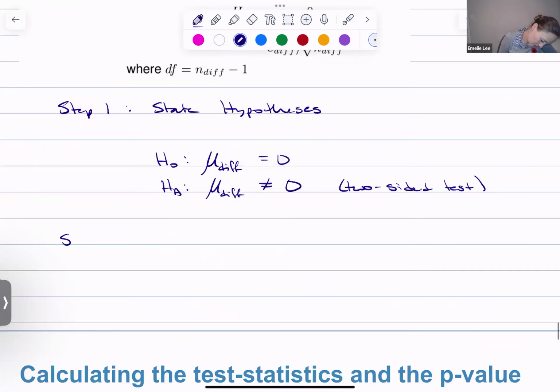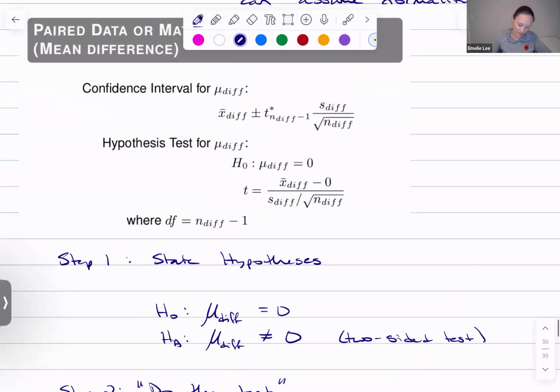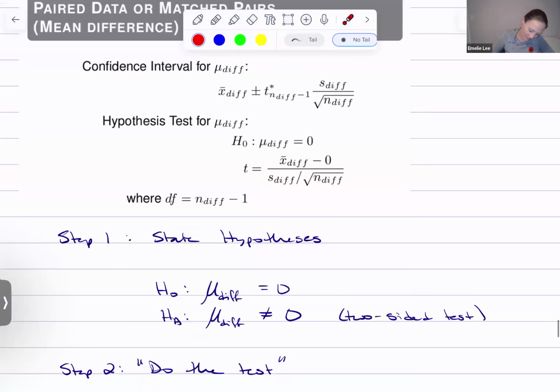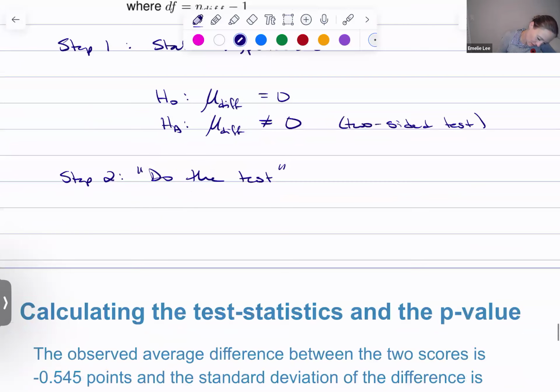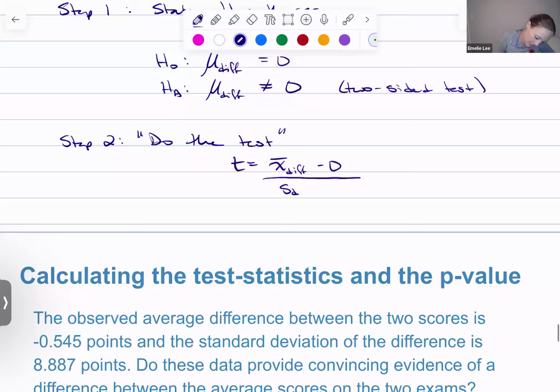Good. Step 2. Do the test. T, right? Step 1, step 2. Use it for step 3. T is x bar diff, how far is it from 0, taking into account the spread of s diff divided by the root of n diff.